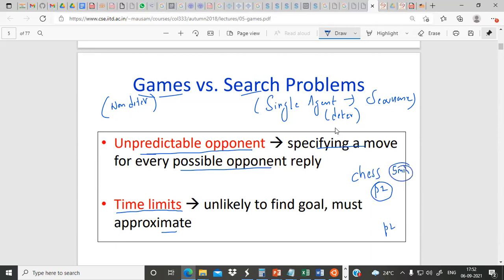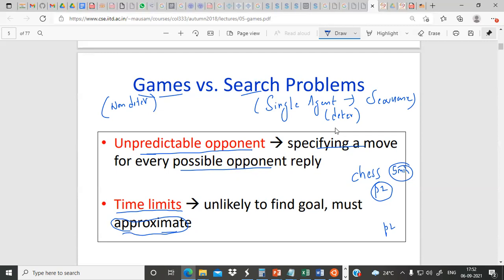Within these 5 minutes, he has to identify the best move, right? So he does not have time to evaluate all the possible moves and find which is the best move. No. So there should be some approximation involved because your time is limited. You cannot calculate everything perfectly.